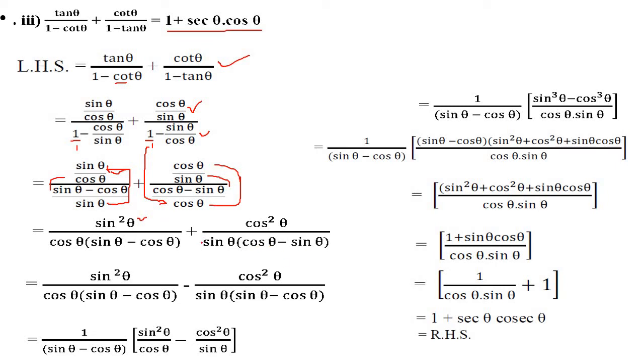Now take out minus in this term. The first term is as it is, sin square theta divided by cos theta into sin theta minus cos theta. In the second term, if you take out minus, what happens?